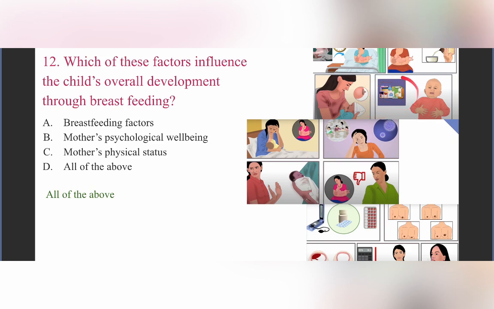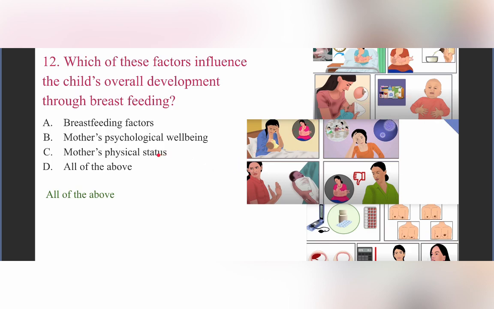And then again, if you prematurely start feeding your baby with formula milk and other milk substitutes, all these local breastfeeding factors are very important and need to be taken care of so that the child gets optimum growth and development, right?